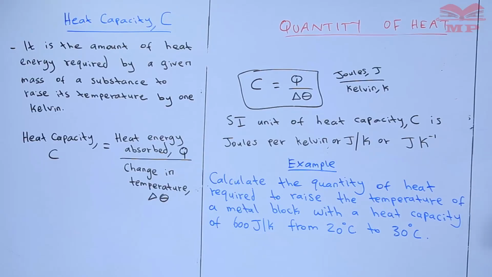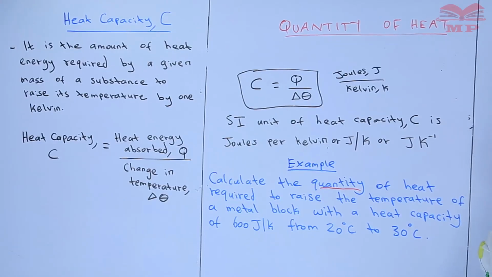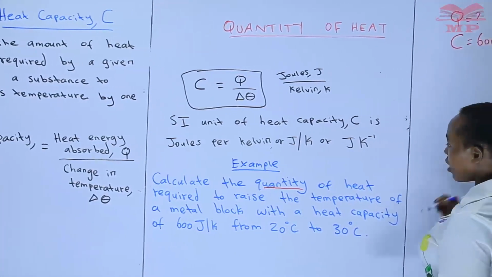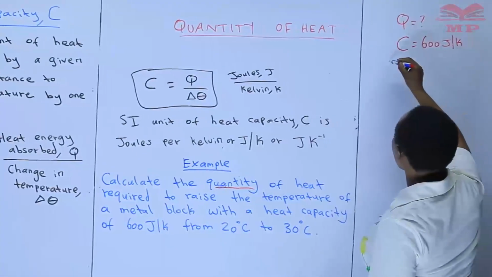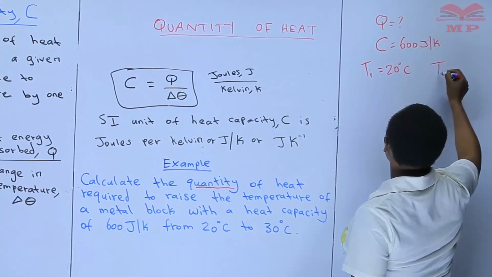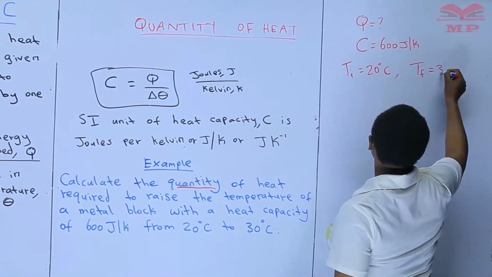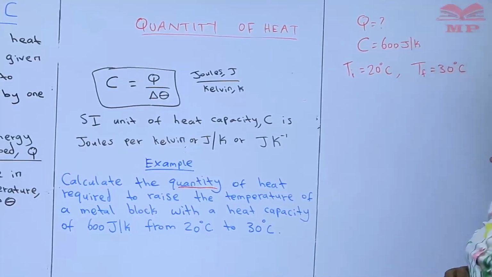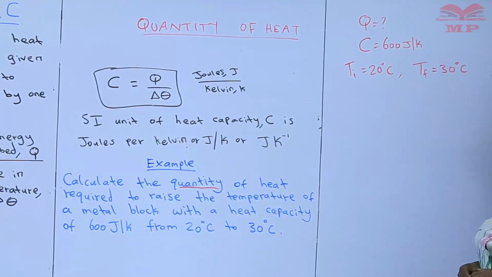So in this one, we are told to calculate the quantity of heat, which is represented using Q. We have been given the heat capacity, 600 joules per Kelvin, and we are told that the initial temperature is 20 degrees Celsius and the final temperature is 30 degrees Celsius. So from this we'll be able to get the change in temperature.